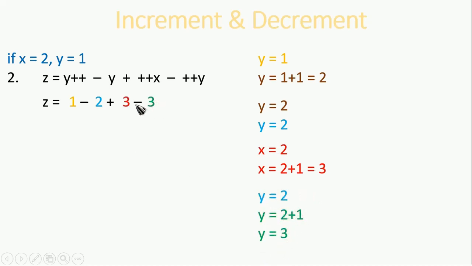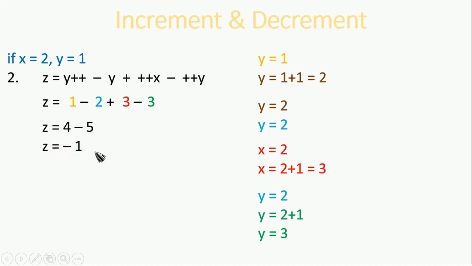3 is substituted here. So let us calculate this value. 3 minus 3 becomes 0. And then 1 minus 2 becomes minus 1. So minus 1 will be the value. Otherwise we can calculate by adding the positive numbers and then the negative numbers. So both the positive numbers become 4 and both the negatives become minus 5. So 4 minus 5 is minus 1 is the answer.